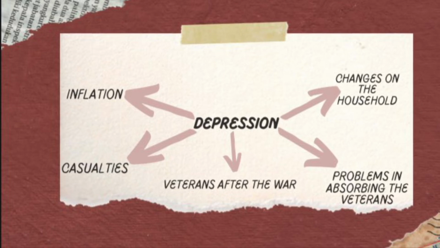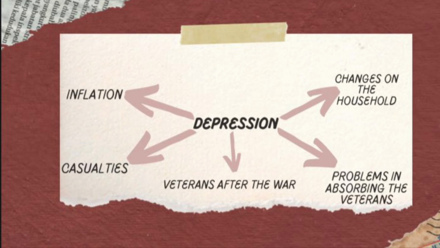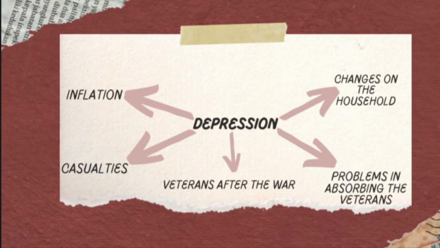So it was really difficult for their family and for other people to absorb them into the community after the war. And it was a really stressful time for everyone.